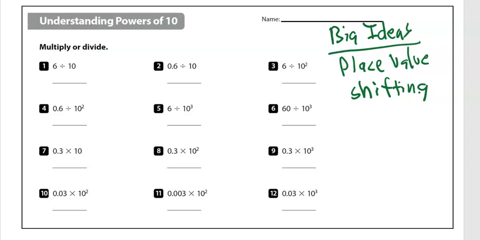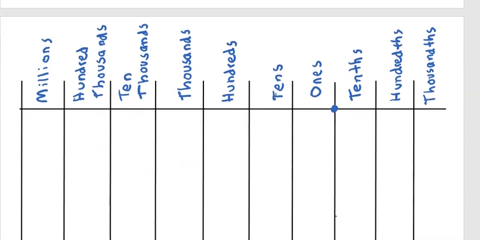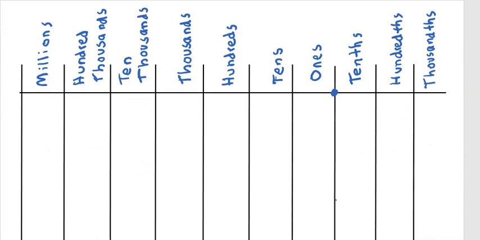All right, so let's look at this first one, 6 divided by 10. If you don't have a place value chart, make a place value chart. Stop the recording right now and make yourself a line across. Then draw 10 lines.